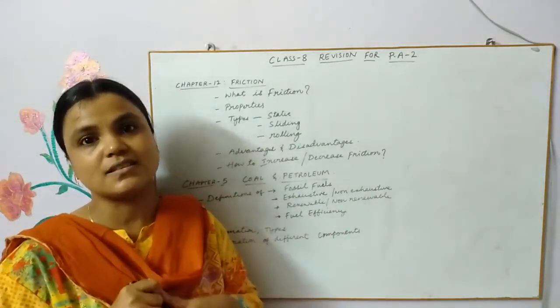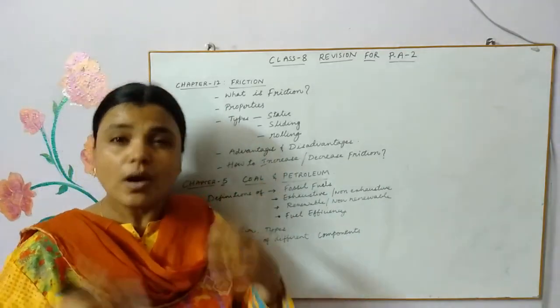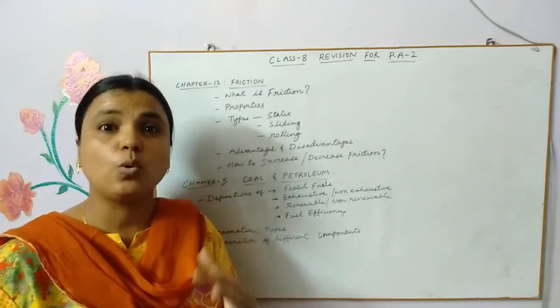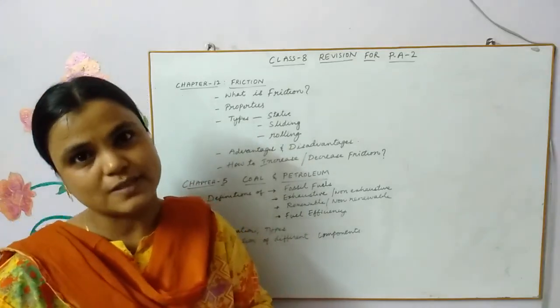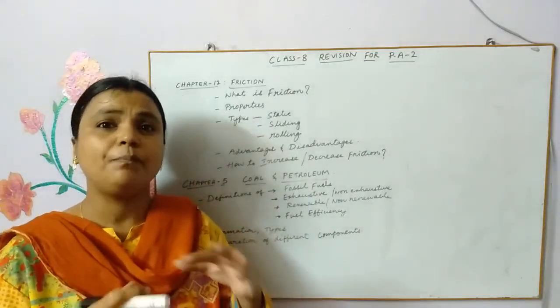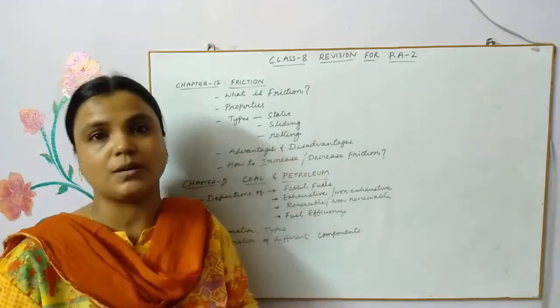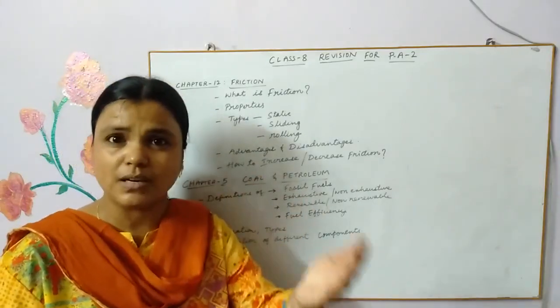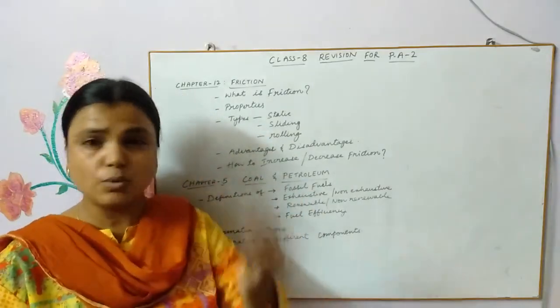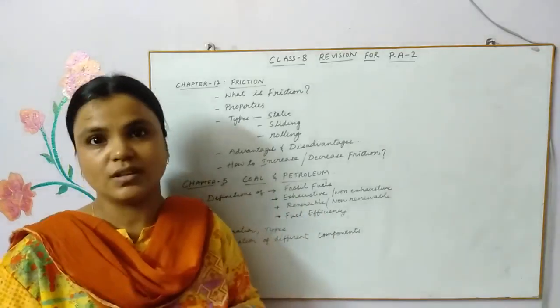But in some cases, there are little disadvantages also, because more friction leads to wear and tear of the objects. You can see that the tires of the vehicles become a little smoother after a course of time. After a period of time, they become very smooth, and because of this the bikes or the vehicles could skid, isn't it?